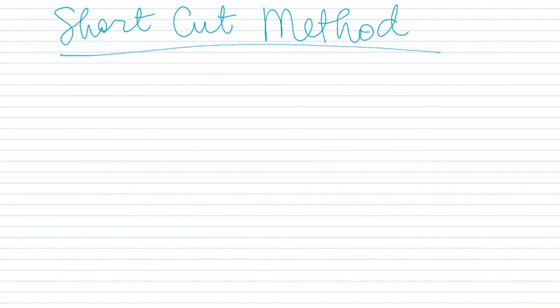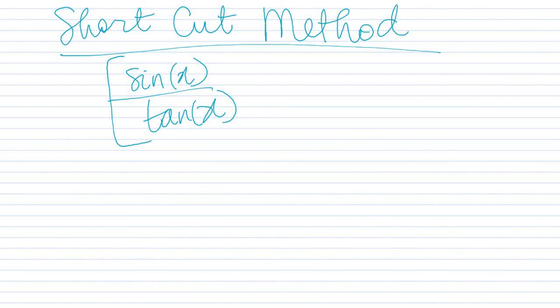So now I want to show you guys a shortcut method to doing this, so you don't spend forever trying to do math. So the shortcut method is this. We had sine x over tan x, which was our question, and we were asked to find the derivative of this.